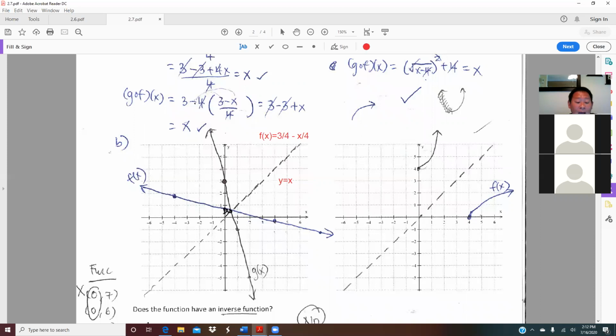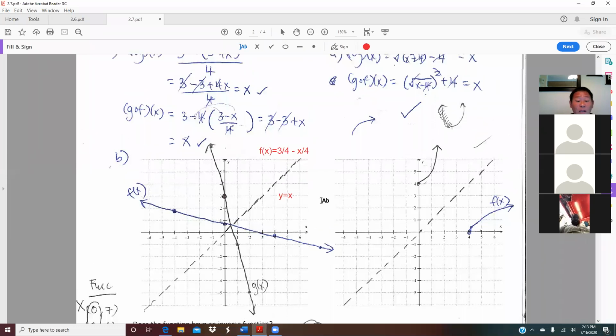You notice that these two lines are reflections of each other. This f of x reflects over y equals x to become g of x, and this g of x reflects to become f of x. Sorry about that. So this whole line will reflect onto the other. So this is how you figure it out graphically.